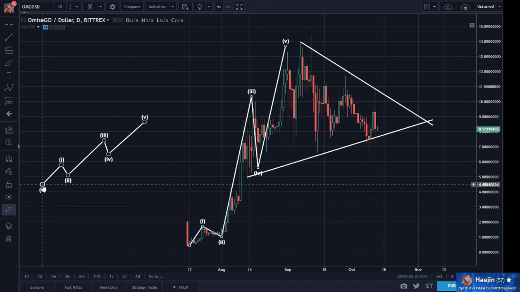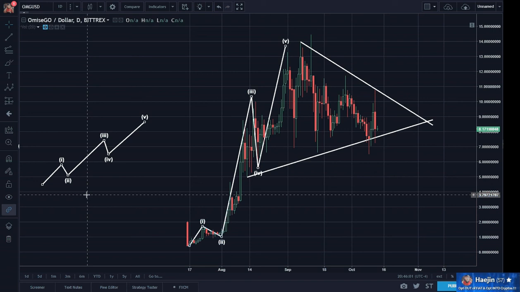Now, there is a set of rules that guide how you label these. But more importantly, just to take you back a little bit, technical analysis really is nothing more than a method to measure the reflection of sentiment.